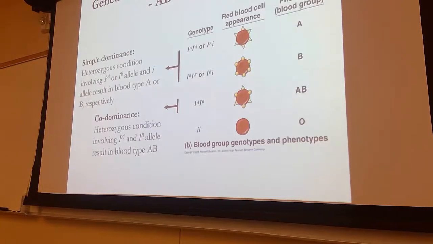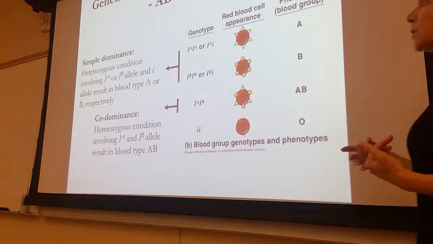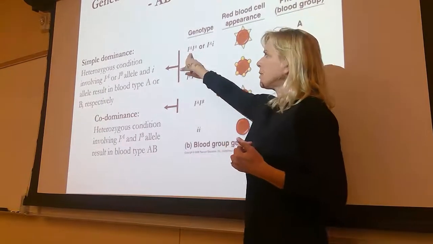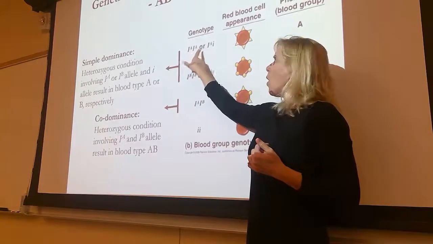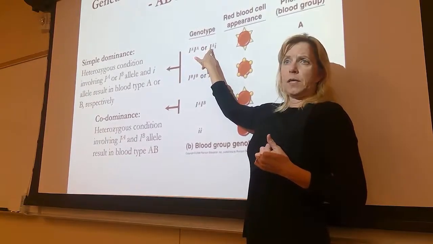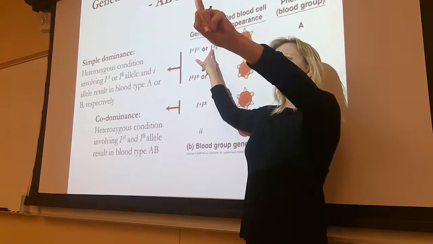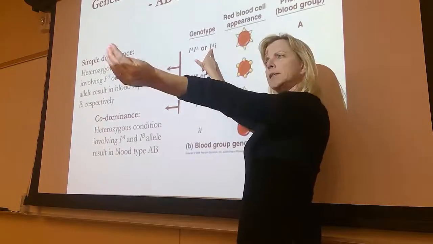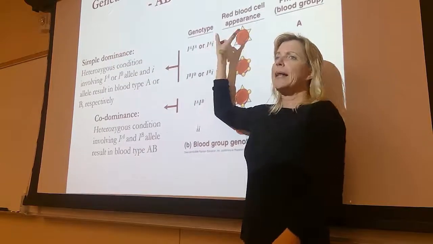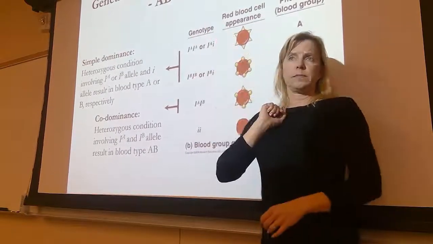Most of you in this room will be blood type O, but not all. If you're blood type A, your genotype can be either homozygous or heterozygous. All you need is one functional working gene to code for an enzyme to put on N-acetylgalactosamine, and you have that A sugar.